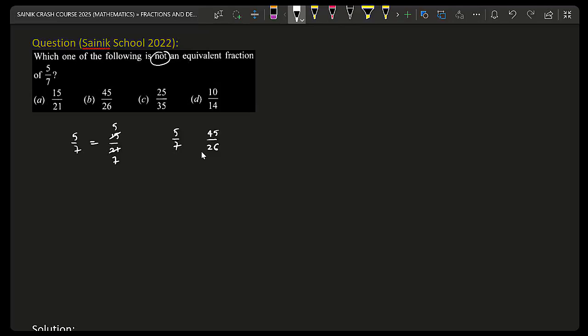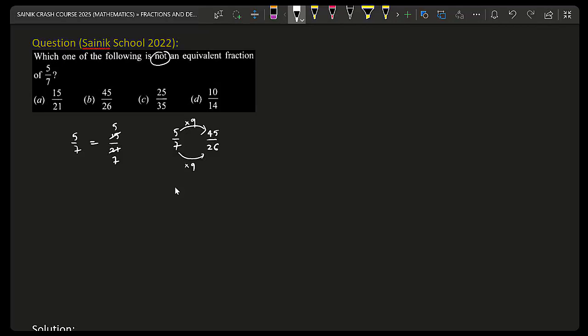In that case, you can take it like this. 5 multiplied by which number is 45? Sir, 5 nines are 45. Okay. Then if the numerator is multiplied by 9, the denominator also should be multiplied by 9. So 7 nines, is it 26? Sir, no, sir.